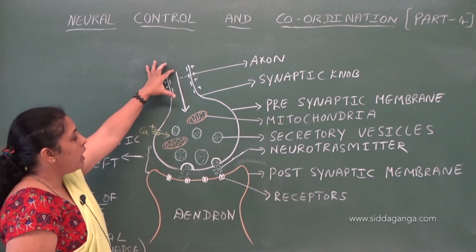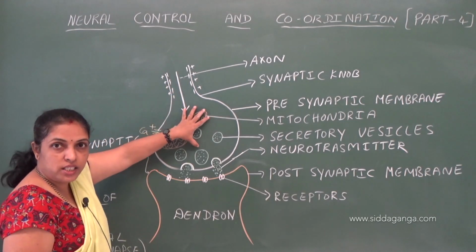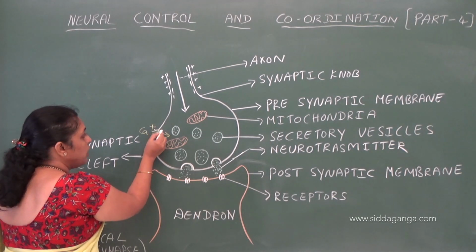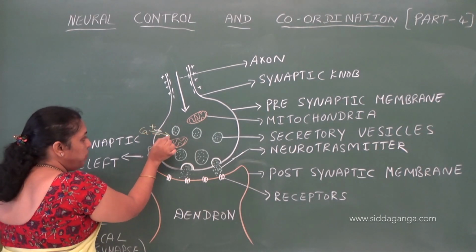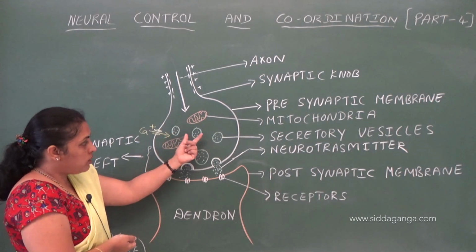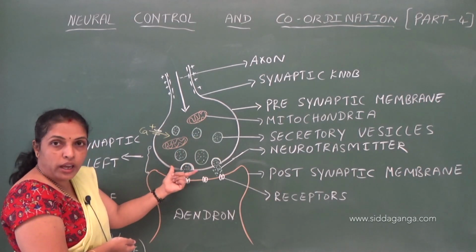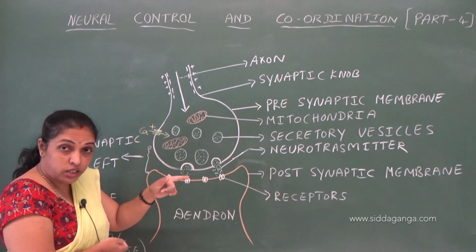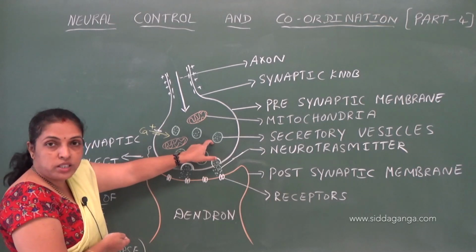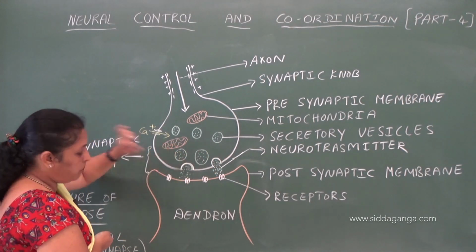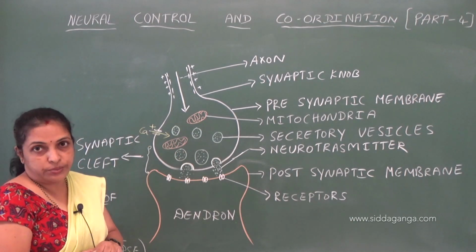Once action potential reaches the synaptic knob, we see the opening of calcium voltage gated channels. Calcium moves inside and moves secretory vesicles to the axolemma, where exocytosis of those secretory vesicles takes place, releasing neurotransmitters to the synaptic cleft.